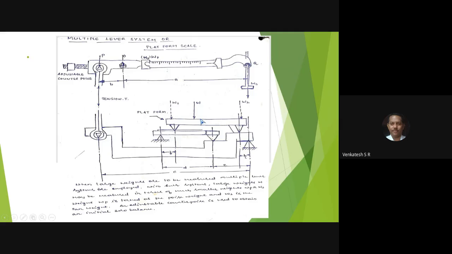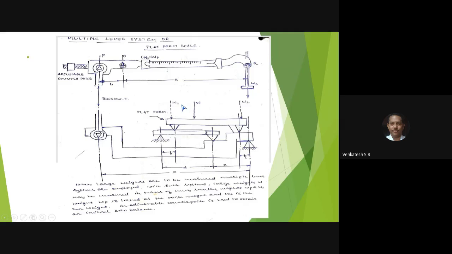When you keep an unknown mass anywhere on the platform, you get the correct measurement.